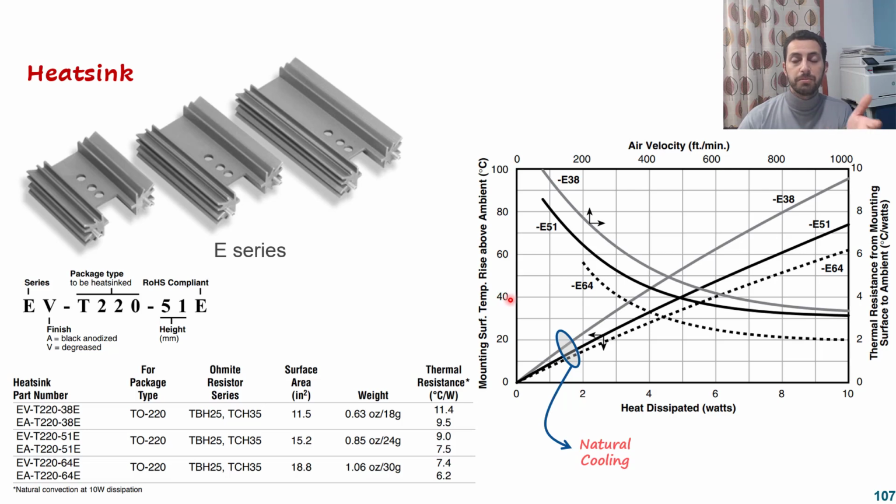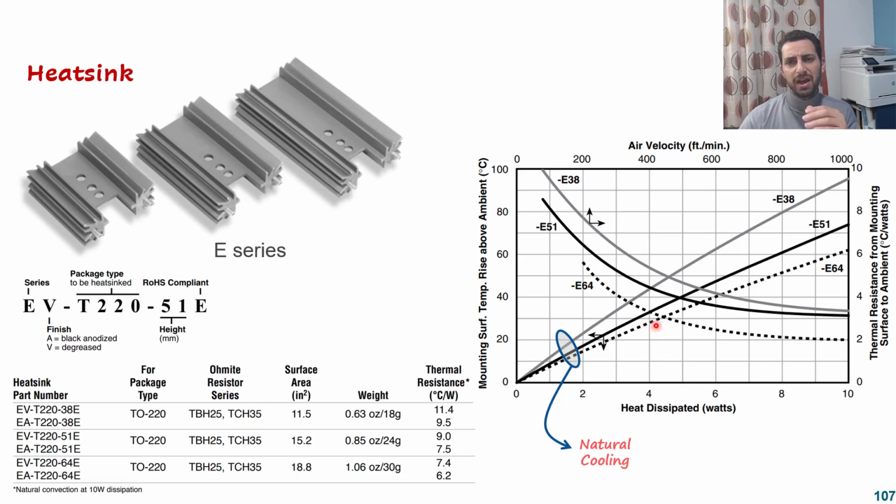So the temperature rise will be 40, and if you divide 40 by 5, you will come up with 8 Celsius per watt. This is the value of your thermal resistance. Now if you have more or less power dissipation, you can also calculate that in a similar way.